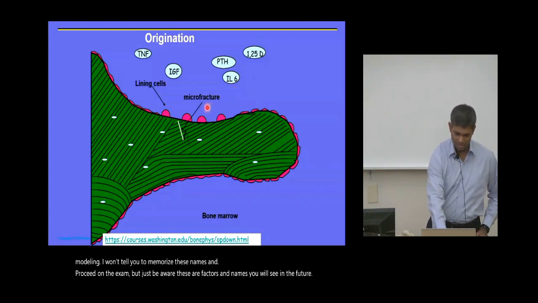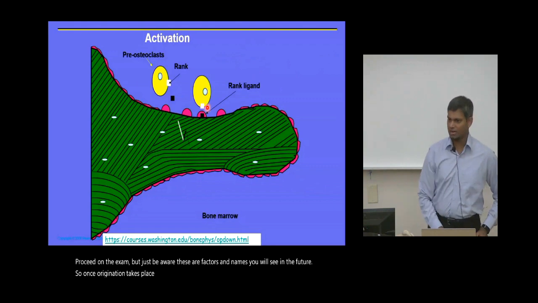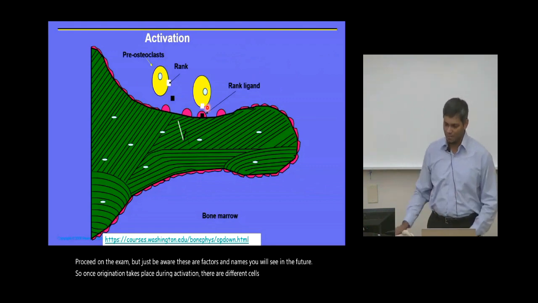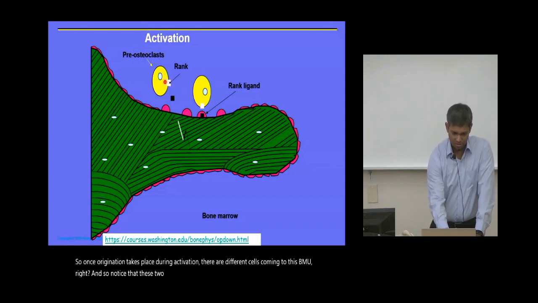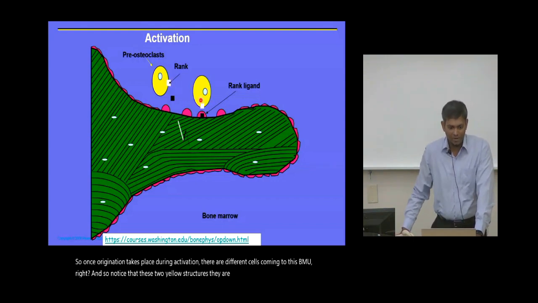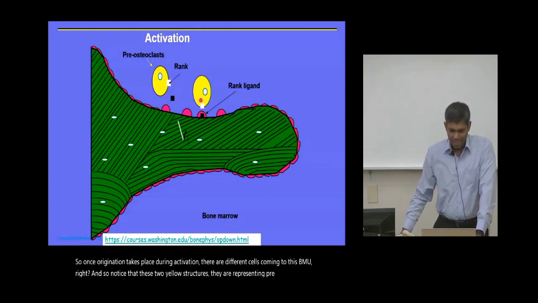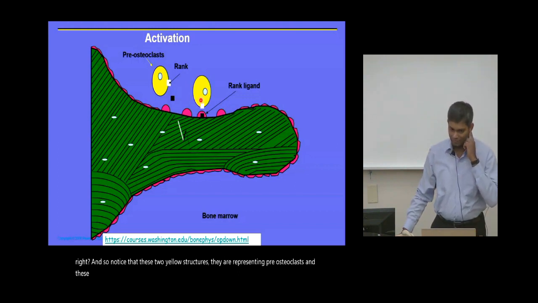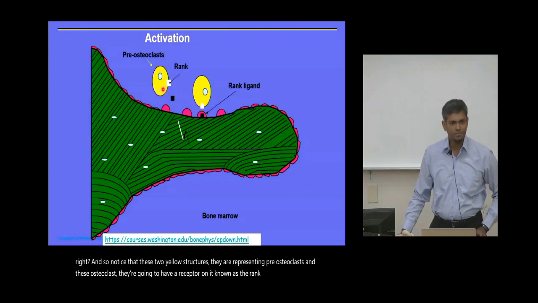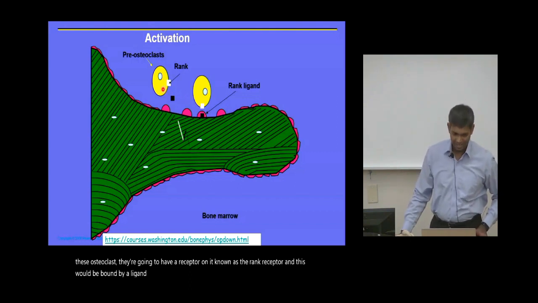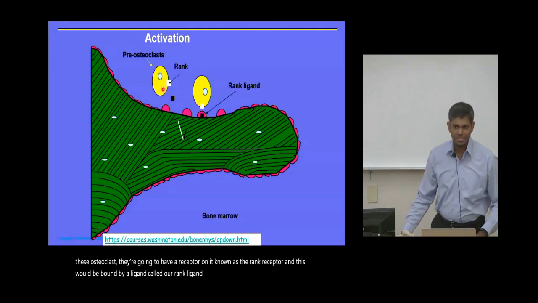So once origination takes place, during activation there are different cells coming to this BMU, right? And so notice that these two yellow structures, they are representing pre-osteoclasts. And these osteoclasts, they are going to have a receptor on it known as the RANK receptor. And this will be bound by a ligand called the RANK ligand. The name isn't too creative.